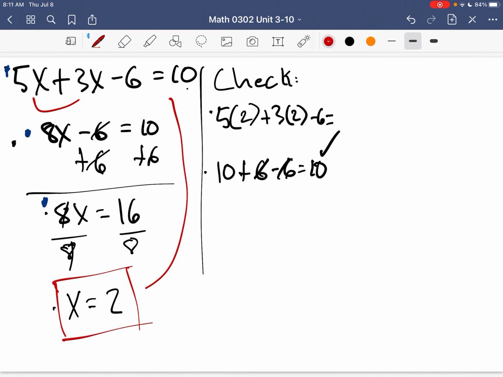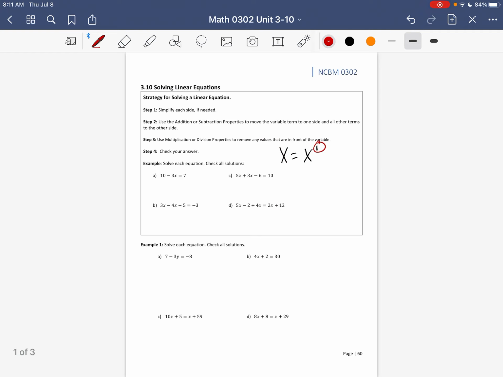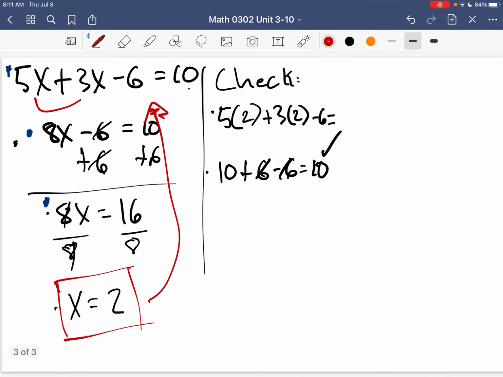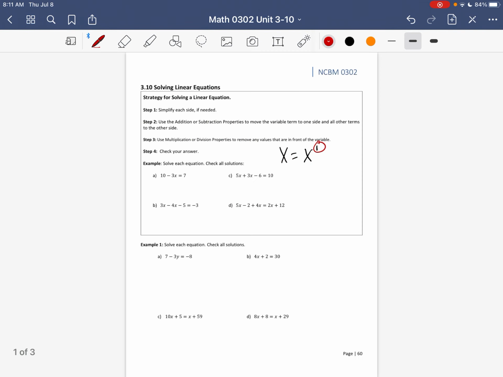There we go. x is the solution to the equation. Okay. Anything else? Okay.